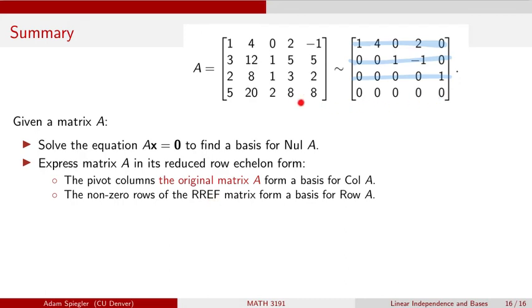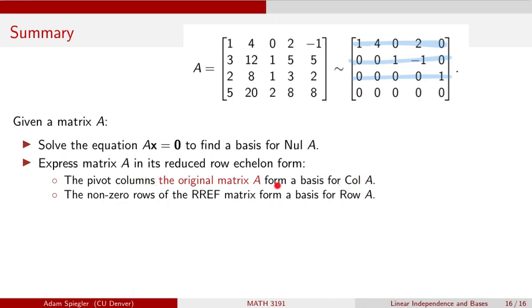So over here, we took matrix A, did some row operations. It's in reduced row echelon form, and then we identify the non-zero rows of that matrix, and all three of these non-zero rows made up the basis for the row space of A. And we don't pick the original rows over here. We're able to just use the rows right in the reduced row echelon form.